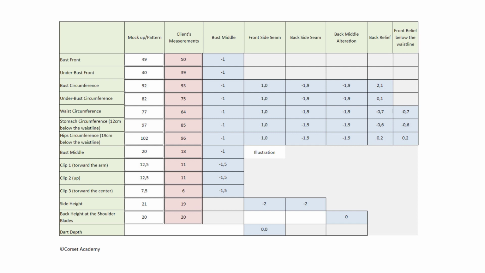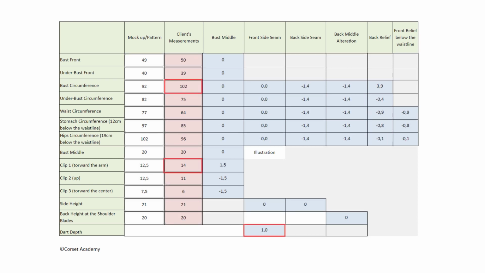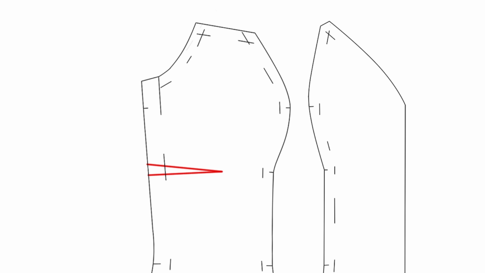After filling up the table, take a look at the dart depth field. When the bust size is small, usually the value is 0. But when the bust circumference measurement gets larger, the measurement clip toward the arm enlarges accordingly, and the value of the dart depth line changes from 0.